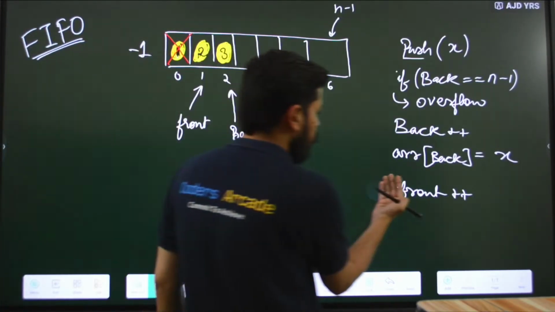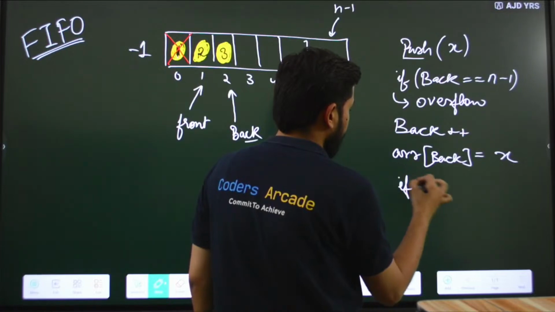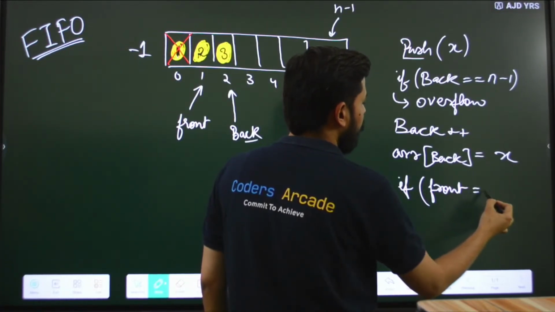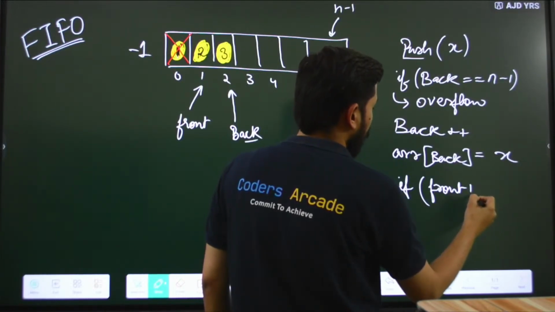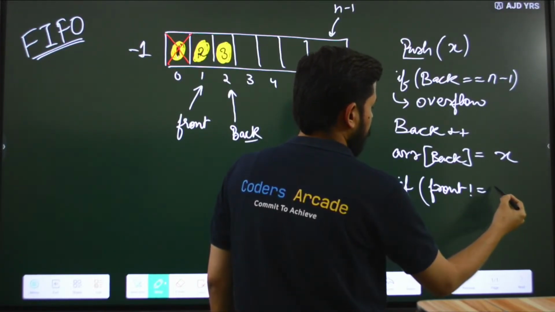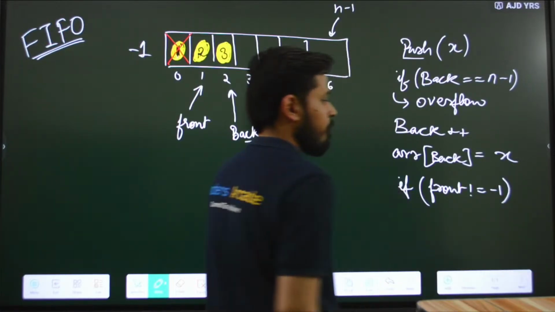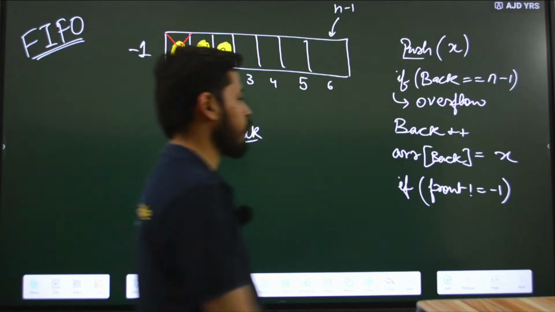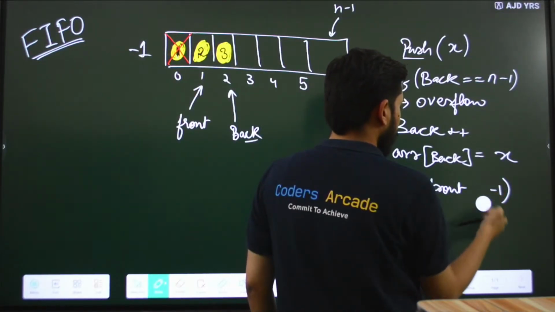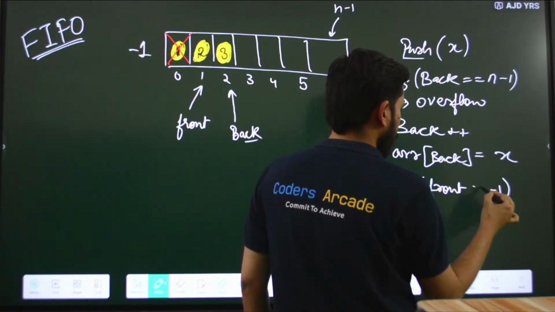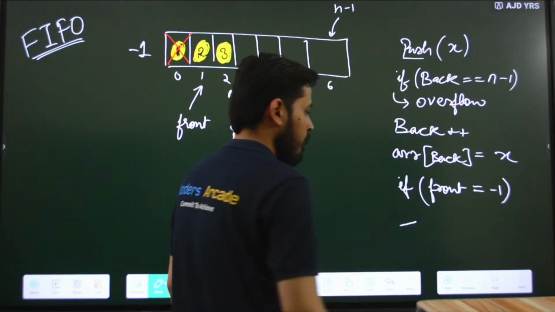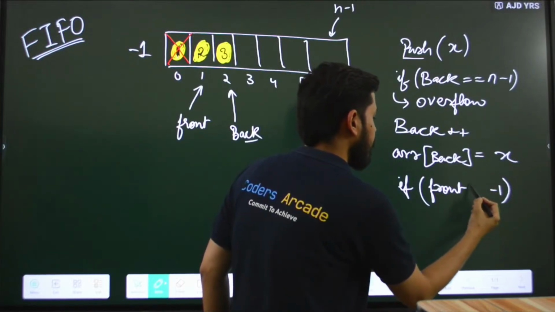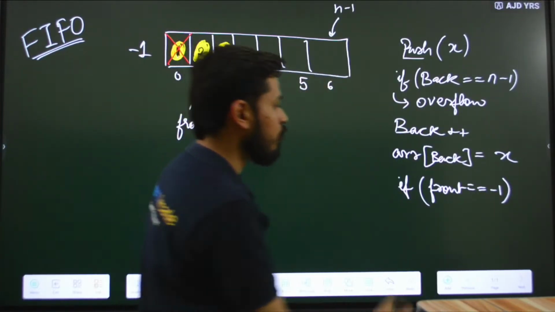So I need to check for a condition: if front is equal to -1, then in that case just do front plus plus.